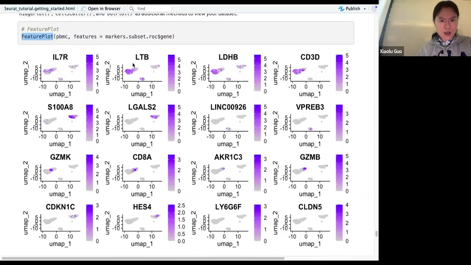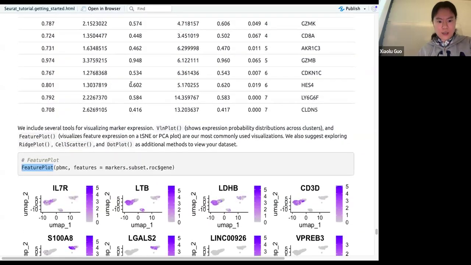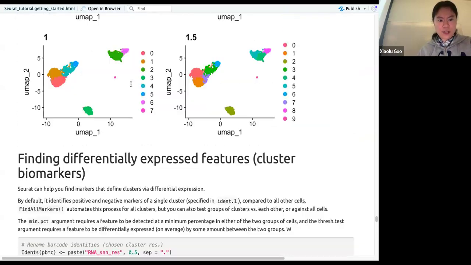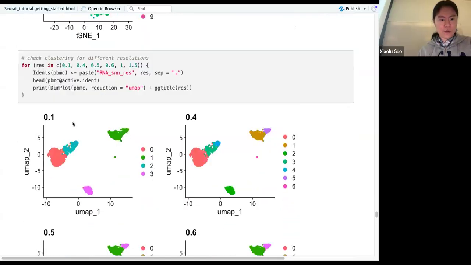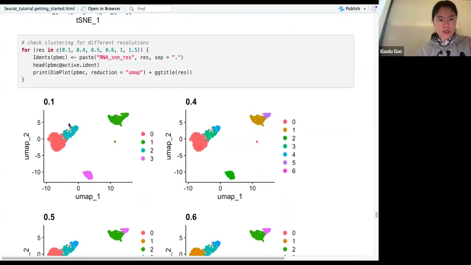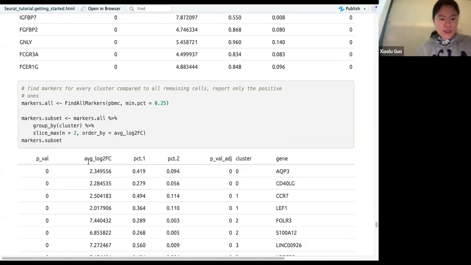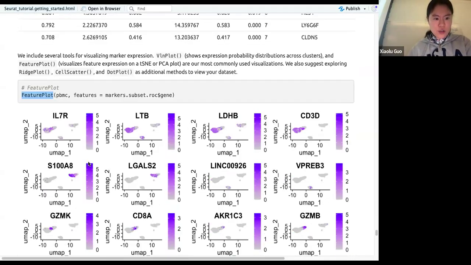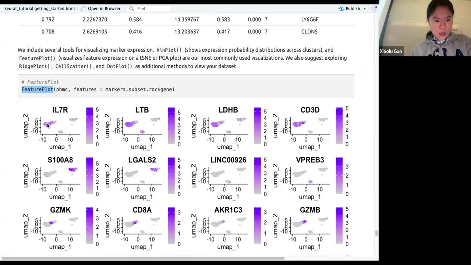Here are marker genes for cluster 0. Let's go back to see where cluster 0 is. We are focusing on this one. Cluster 0 is here, cluster 2 is here, and sorry, clusters 0, 1, 2, 3. Okay, so here shows cluster 0.